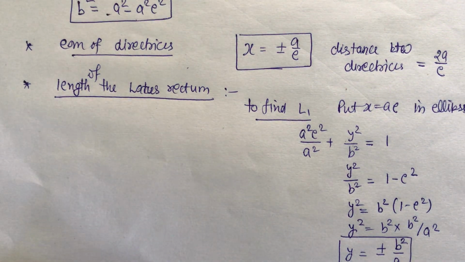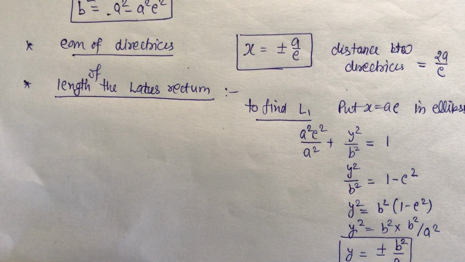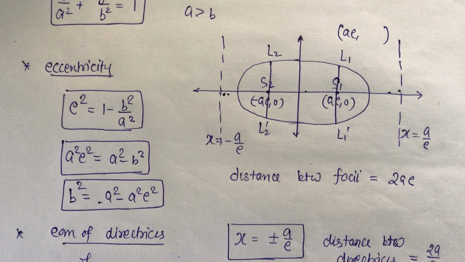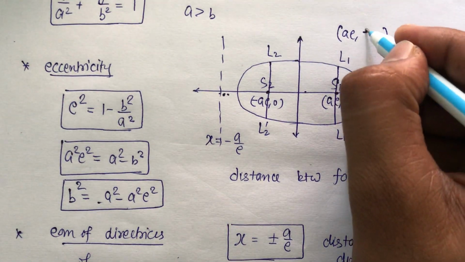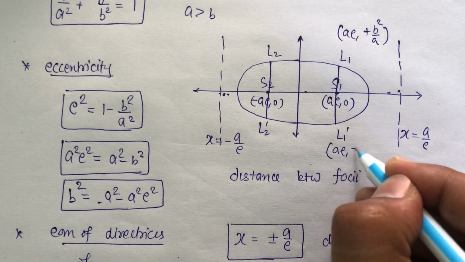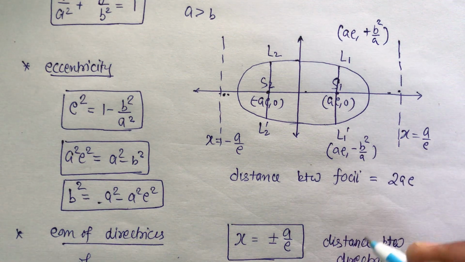So now I can understand the coordinates of L1 will be (ae, b square upon a), and here (ae, minus b square upon a).